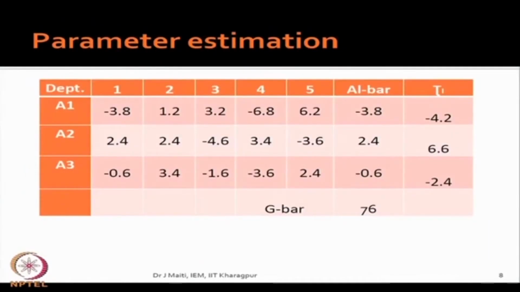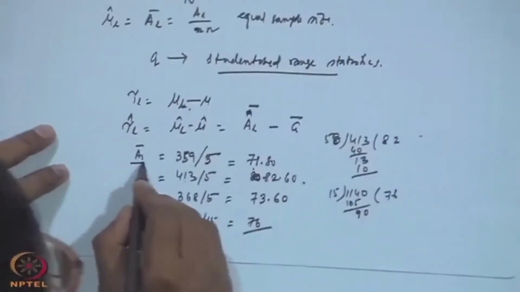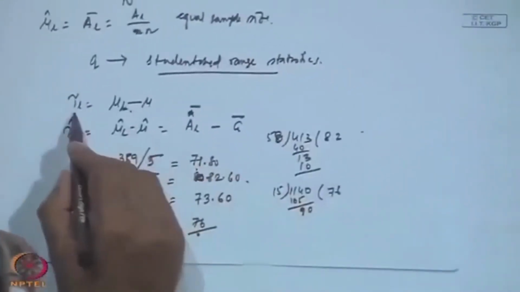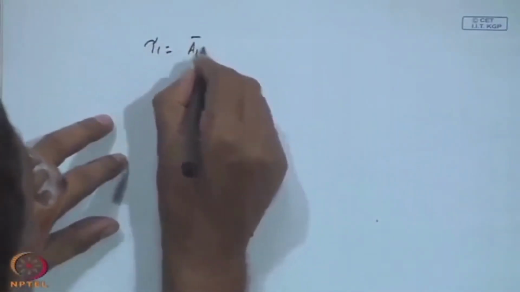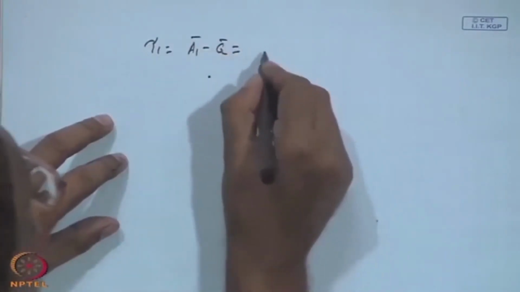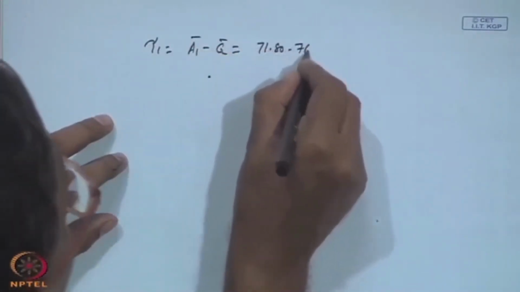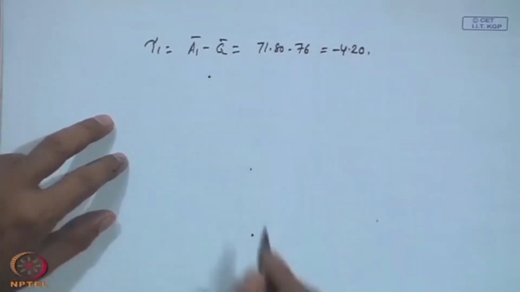Now you come to these values here. A1 bar is given, G bar is given, the difference is tau 1. So what will be my tau 1? Tau 1 will be A1 bar minus G bar, which is 71.80 minus 76, that is minus 4.20.